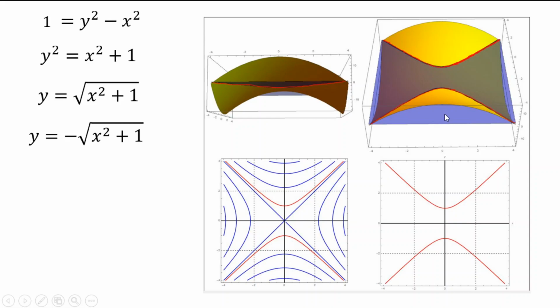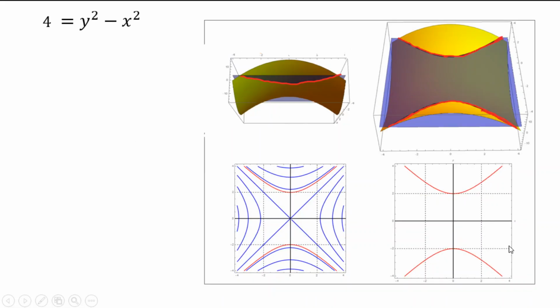And as the plane rises higher on my Pringle, we should expect these contour diagrams to get farther and farther away, because it looks like the lobes of my surface are moving away from each other. It's getting wider and wider as I get higher, so I should expect these curves to get farther apart, and that's exactly what it looks like.